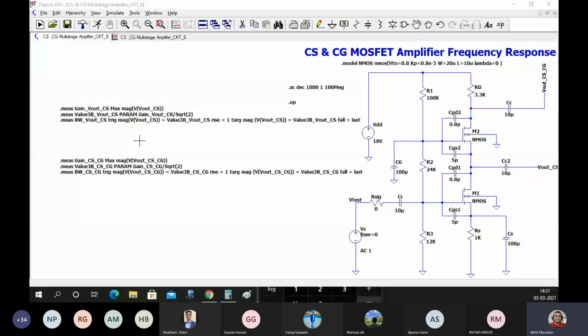Now we will also run the AC analysis of this, or dot tran analysis of this.